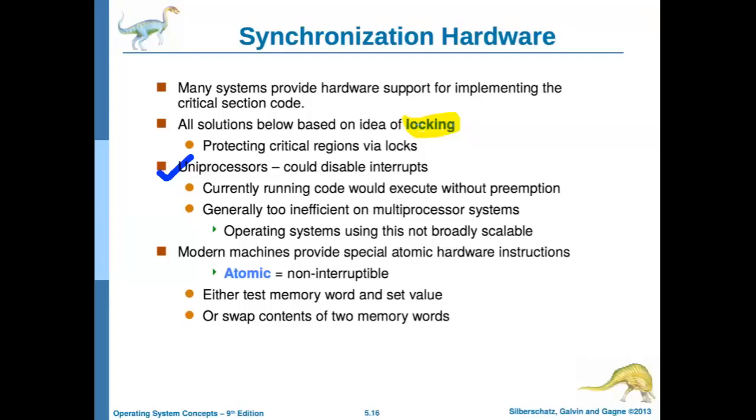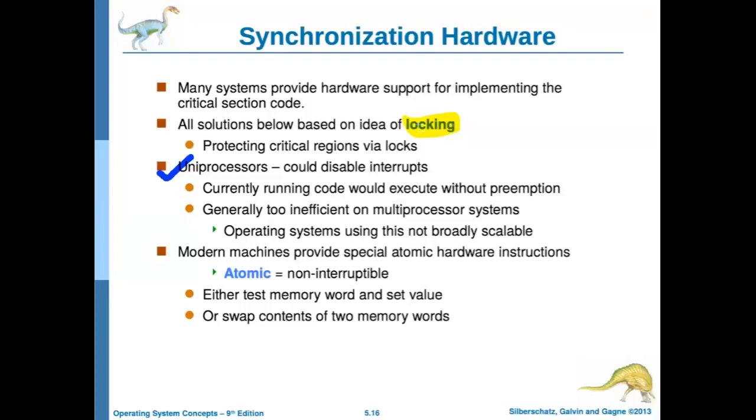Now interrupts are disabled, so preemption won't happen. That process cannot be interrupted. Once you finish the critical section, you can again enable the interrupts. Very simple instructions are there for that: EI and DI, enable interrupt and disable interrupt.